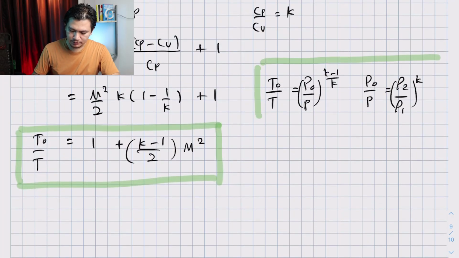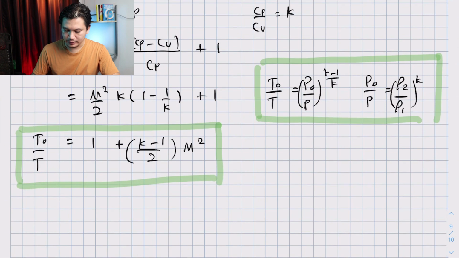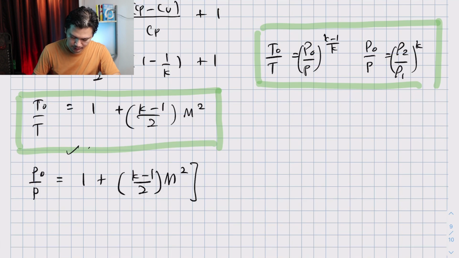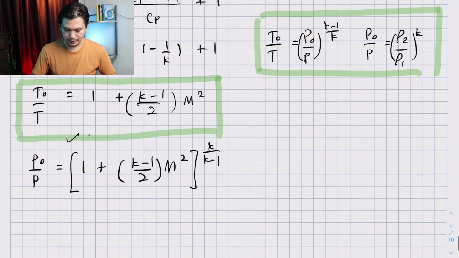Now I'm going to express the relationship between P naught and P and rho naught and rho in the form of Mach number, and it's not that difficult because we already have this equation, right? So P naught over P is simply (1 plus (K minus 1) over 2 M square) to the power of K over K minus 1, right?